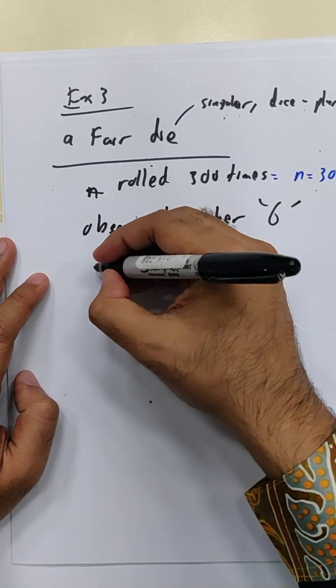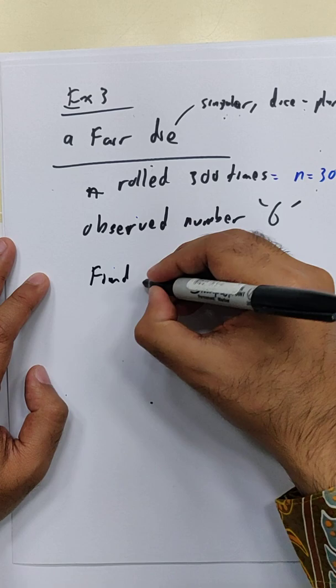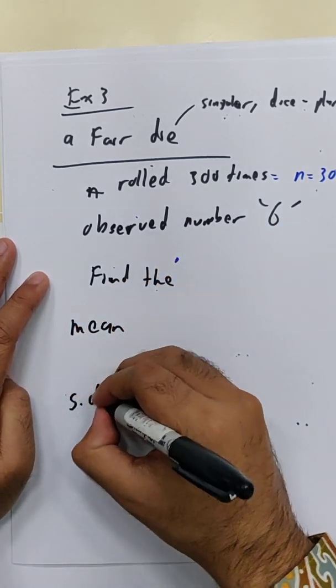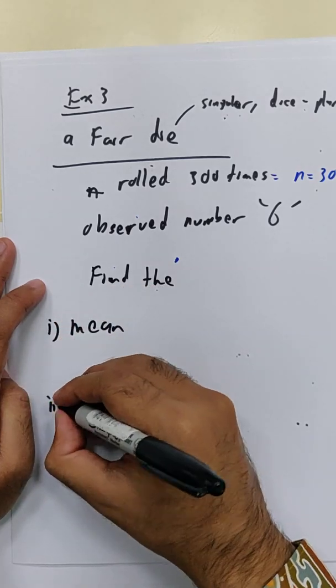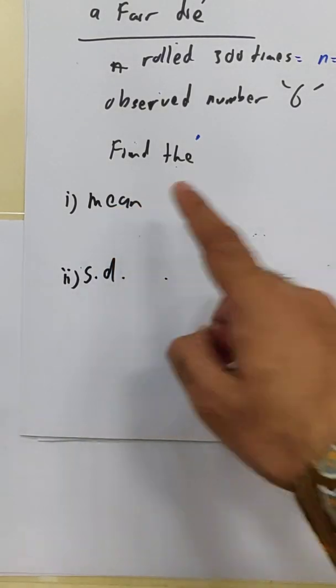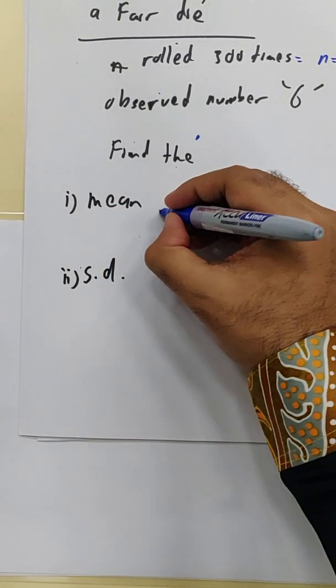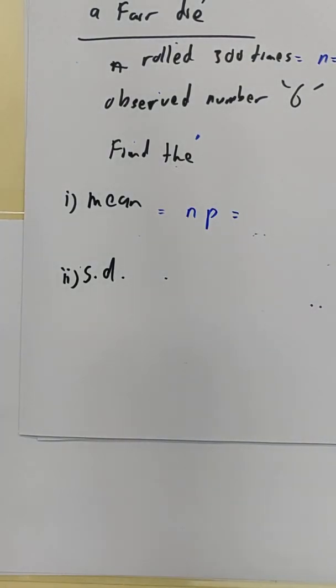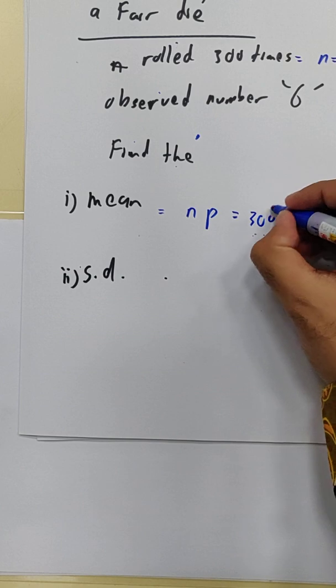Find the mean and standard deviation. How? What's the formula for mean? And P, very good if you memorize it. N is 300.